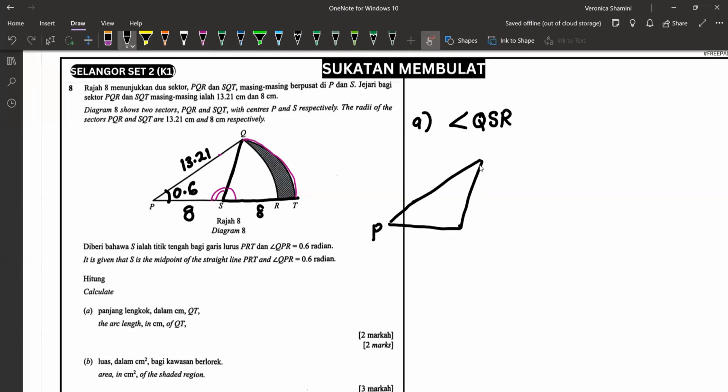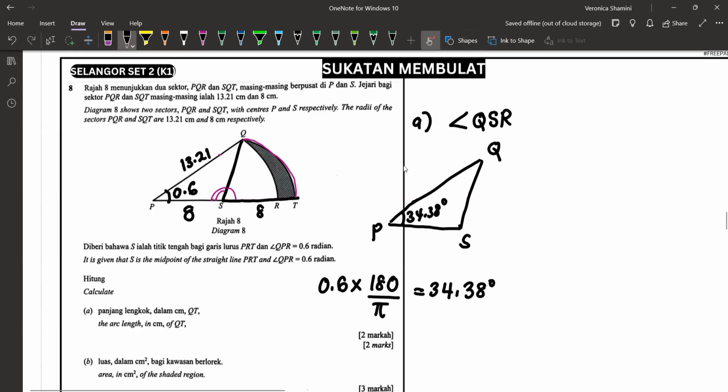Okay, sini ada P, sini ada Q, sini ada S. Okay, yang 0.6 ni, teacher tukar dulu to sudut. Okay, sudut means 0.6 times 180 over pi. So here the pi tak mention kan? So I just write as pi. 180 over pi. So here 34.38.